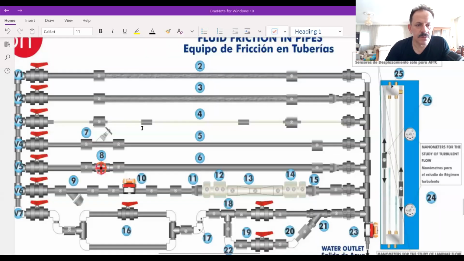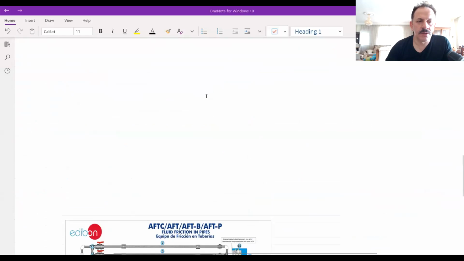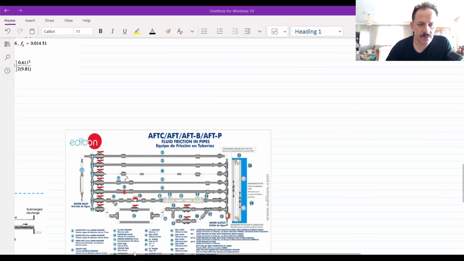In the previous lecture, we talked about the head loss and the types of head losses that we have.